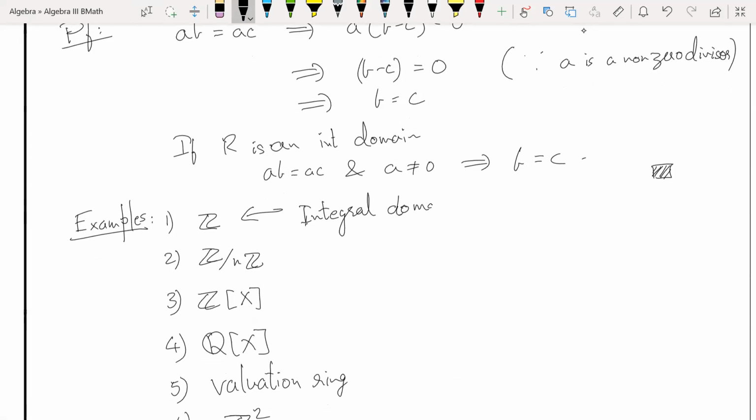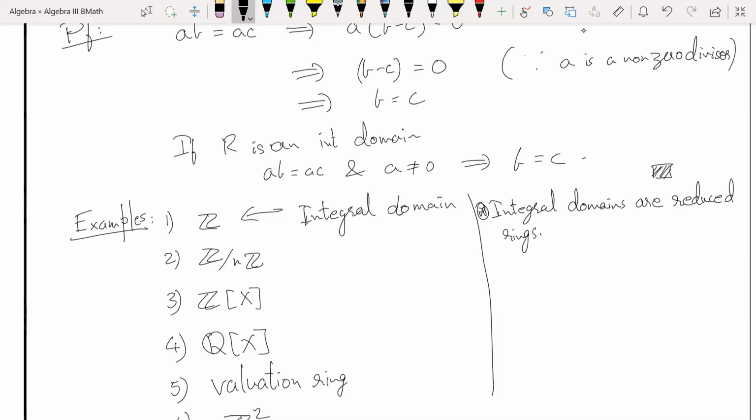So of course, one trivial observation: integral domains are reduced rings.